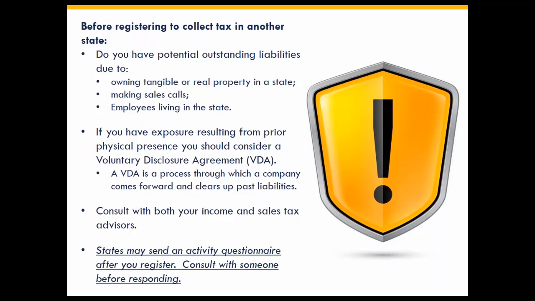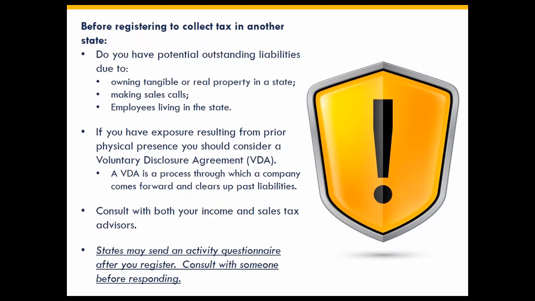When you go and register, what will typically happen is either as part of the registration process or as a letter afterwards, the states will come back and they'll say, hey, tell me about what you've done in our state. There'll be a long, like 13 pages of questions. Some of them are income tax related, but a lot of them are sales tax related. They'll ask you, have you made deliveries in our state in your own truck?